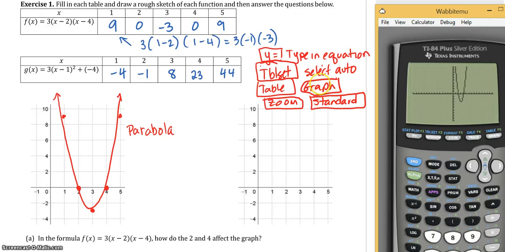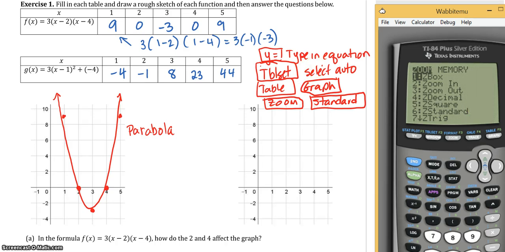And how do I get the graph? You just click on the graph button, and if it's a screen you don't like, don't forget that you can go to Window, or Zoom, and then I chose 6 for standard.